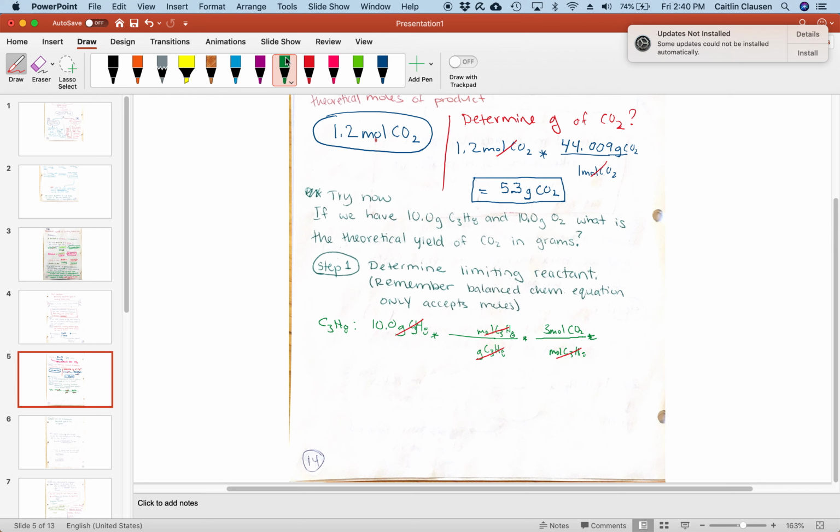So that's 12.011 times 3 plus 8 times the molar mass of hydrogen.